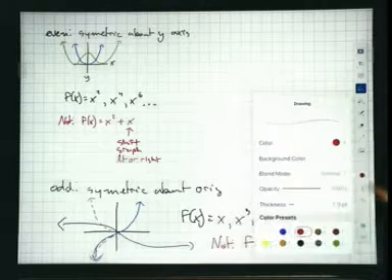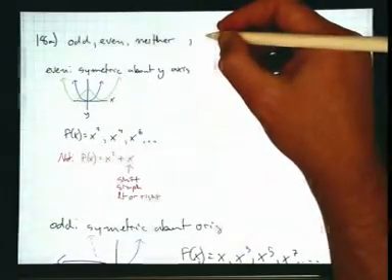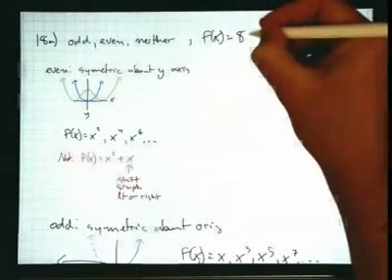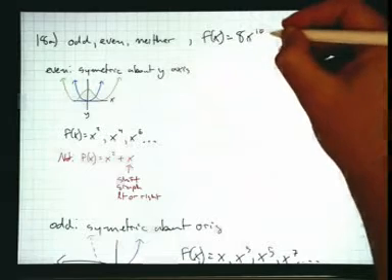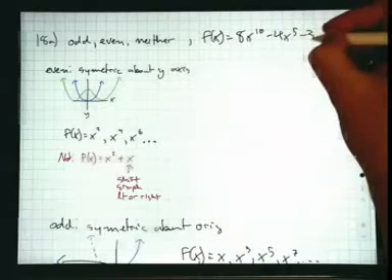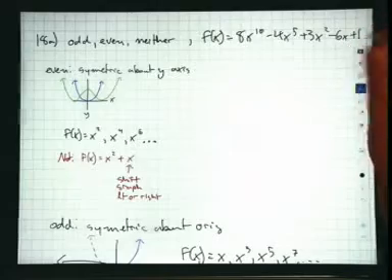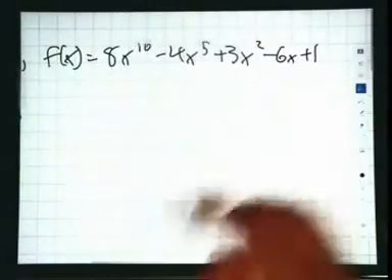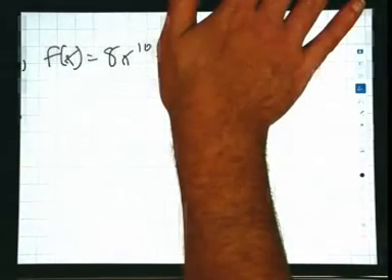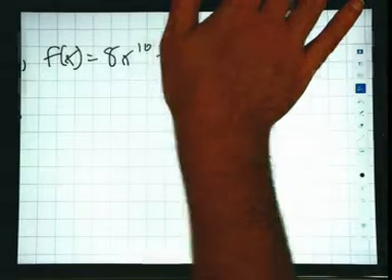So when we look at problem number 18a, that is f of x is equal to 8x to the 10th minus 4x to the 5th plus 3x squared minus 6x plus 1. If I was looking at just this part of the function, the 8x to the 10th, that would be even because my exponent's even.